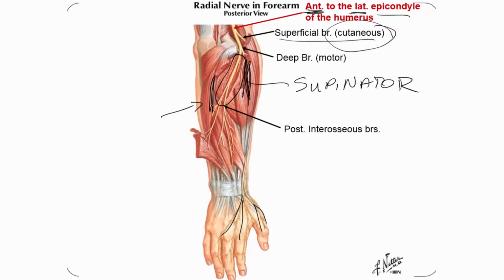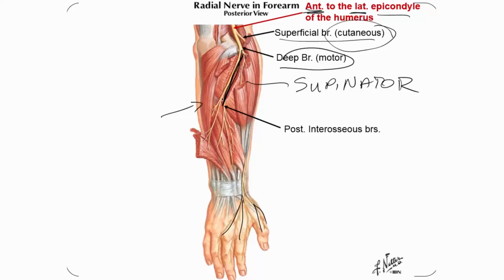Now, the interesting thing about the nerve is this deep branch courses through the supinator, as seen there. So the supinator has been cut away a bit so that one can see the nerve coursing through it. So in most of us, it goes through the width of, the substance of, that supinator muscle. Well, that is normally not a problem unless somebody is now doing a lot of supination and pronation.